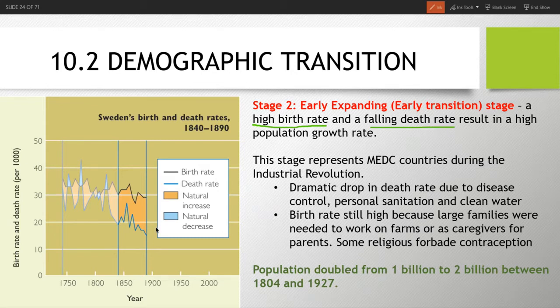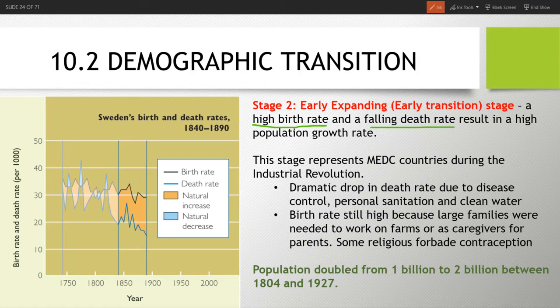Okay, so if we look at our lines over in the graph here, we can see that the birth rate is going down a tiny bit here, but it's still relatively consistent in this time period. But we see the death rate fluctuating, but it's starting to go down to a greater degree than what the birth rate is. Okay, so that's going to certainly create a situation where there's more births than deaths, and therefore a population increase.